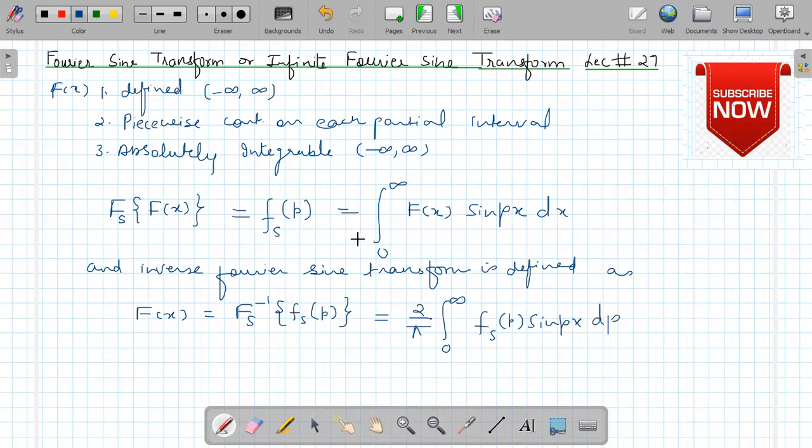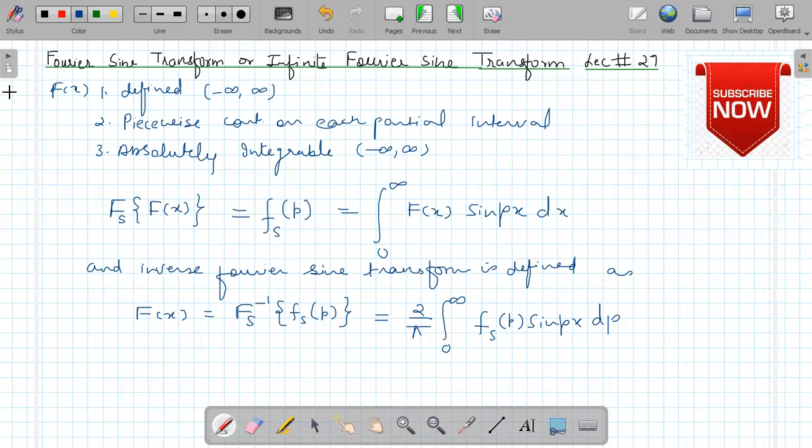The only change in the inversion formula is that in place of f(x) we have Fs(p), the integration is with respect to p, and the integral is multiplied by 2 upon pi.